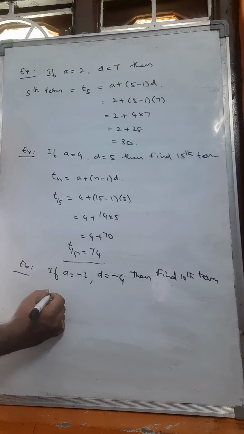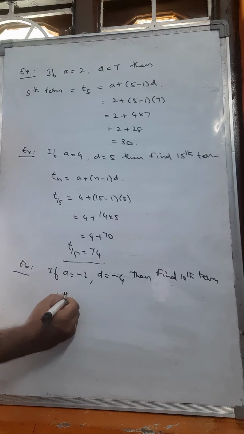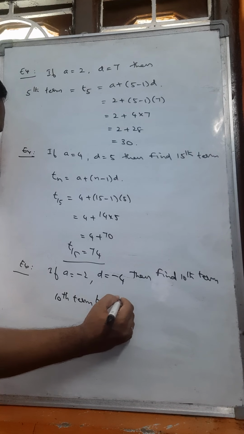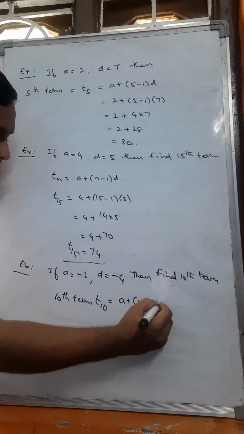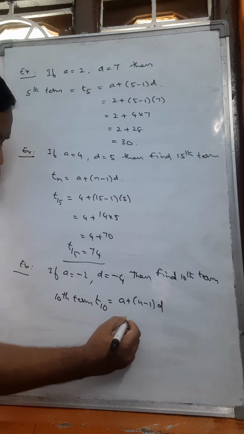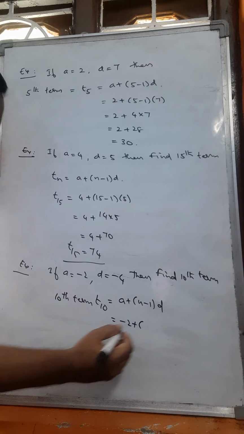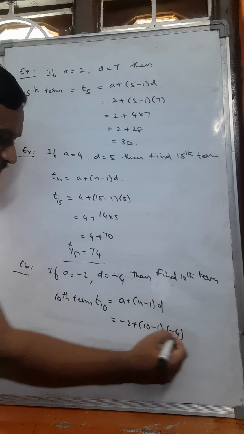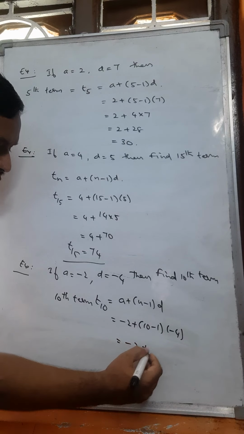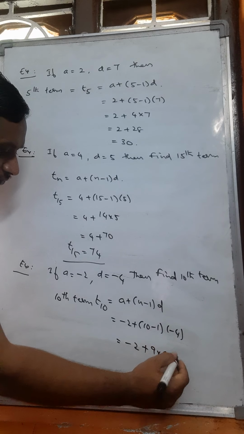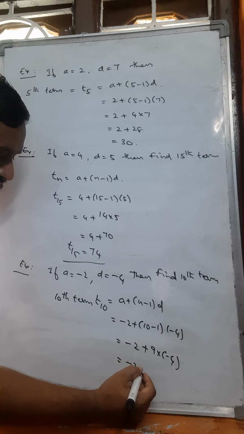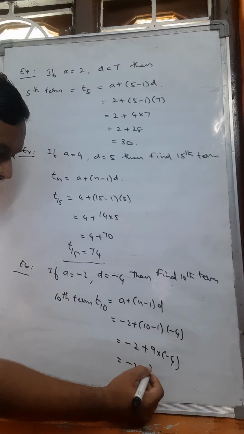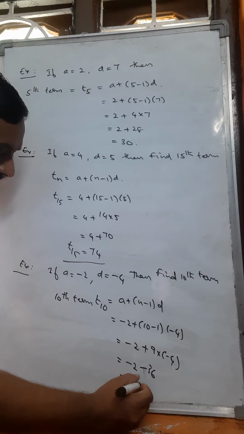Here 10th term means T10, which is A plus n minus 1 into D. So A means minus 2 plus n means 10 minus 1 into D, D means minus 4. That is equal to minus 2 plus 9 into minus 4, that is minus 2 plus minus 36, that is equal to minus 38.